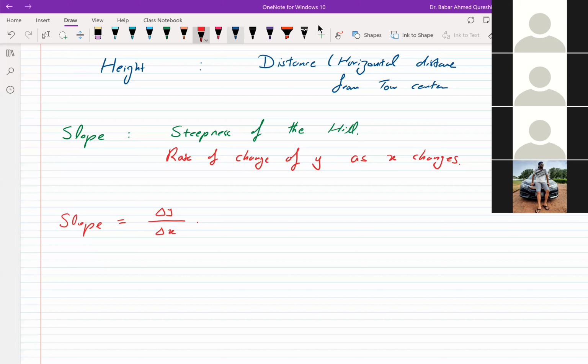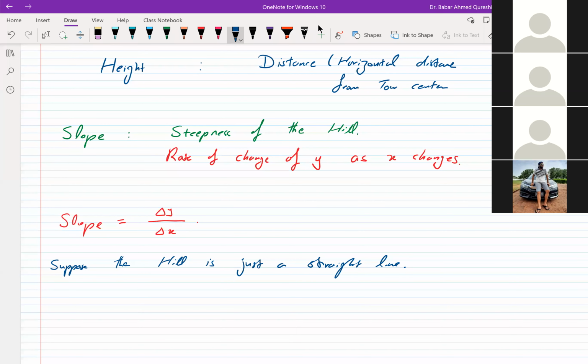But suppose that this hill, which that's how I drew it, the hill is very smooth, or in other words, the hill is just a straight line. If the hill is a straight line, then it means that it's a very special kind of relationship between x and y, between horizontal distance and the vertical height.